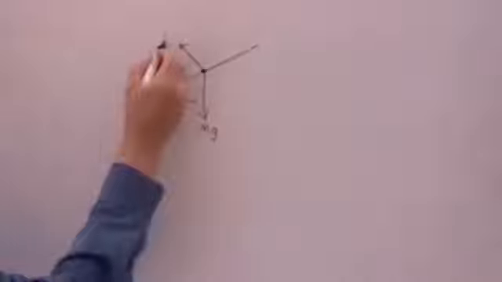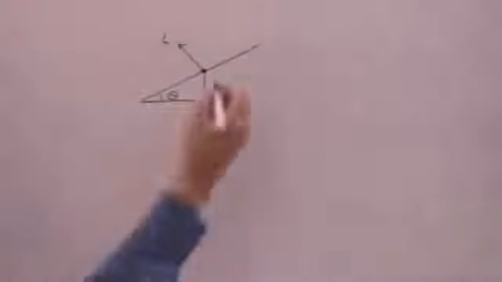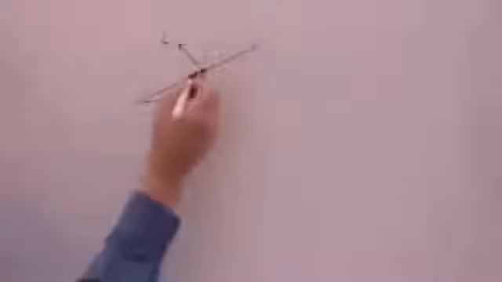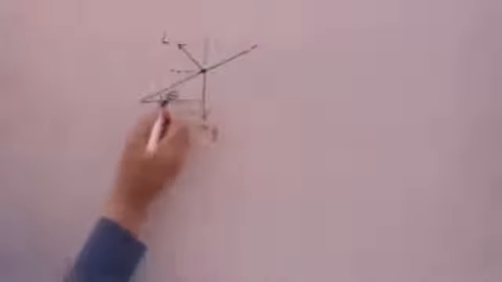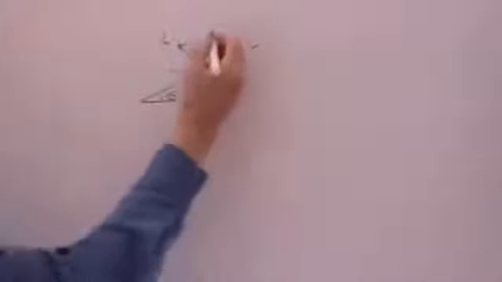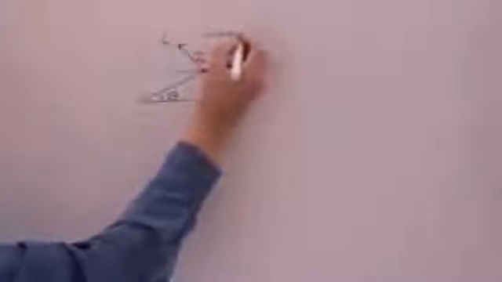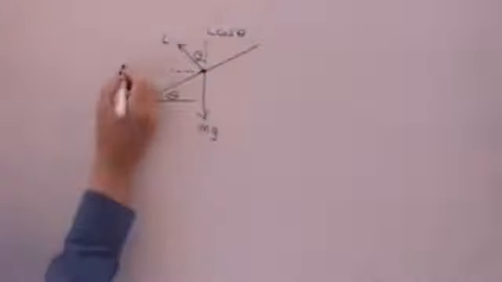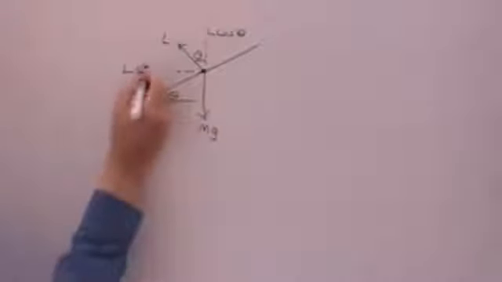The lift, of course, will always be perpendicular to the wings, so the lift is now in this direction, and we can, as ever, resolve that lift into two components. If this angle is theta, then you can show that that angle is also theta, which means that this component is L cosine theta, and the horizontal component is L sine theta.